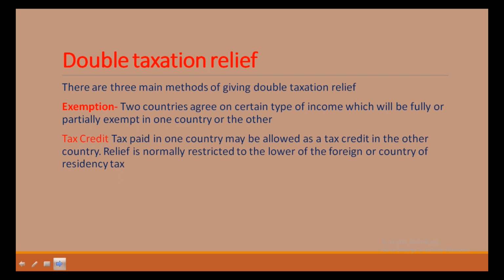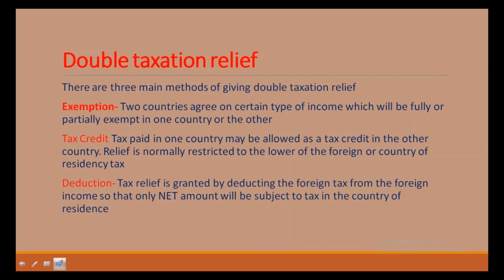Tax credit. Okay, you are a UK company. In the USA, you have paid some taxes that you can claim as a relief or as a credit when they compute the taxes again in your country. Whatever is paid in the USA can be set off, only the difference needs to be paid here.